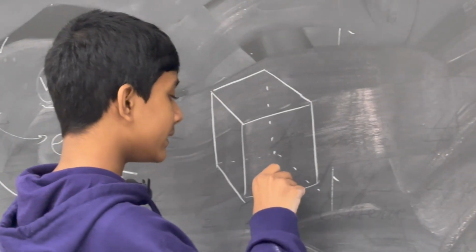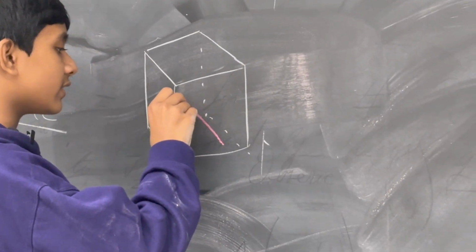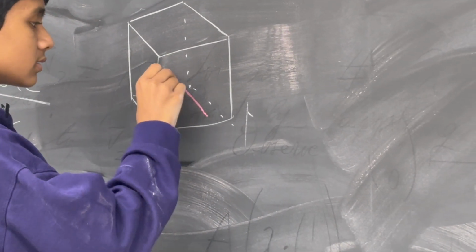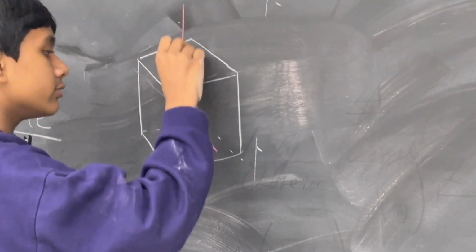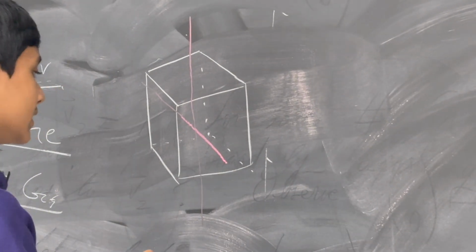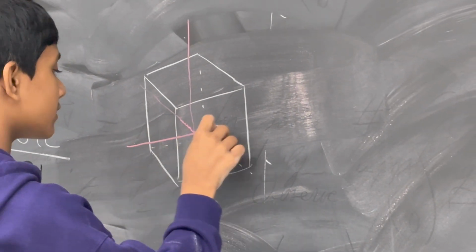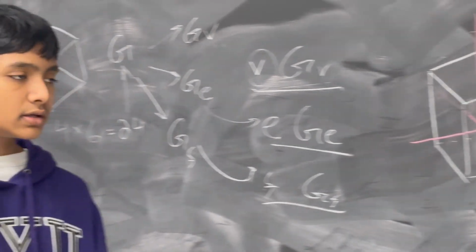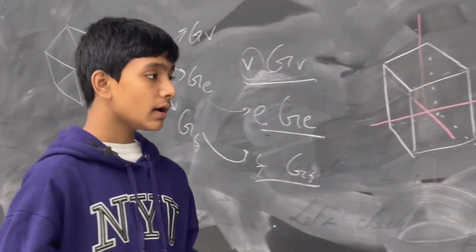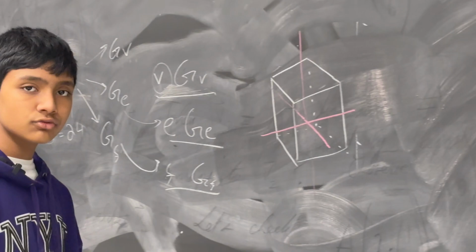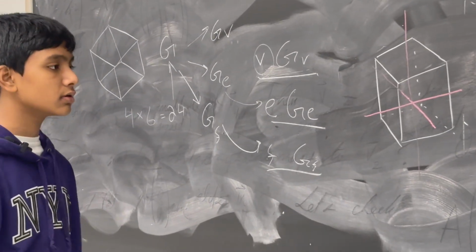So we can go in through this face and out through this face, and we could go in through this face and out through this face, and in through this face and out through this face. So there were 3 different axes around which we can do rotations and keep this symmetrical.